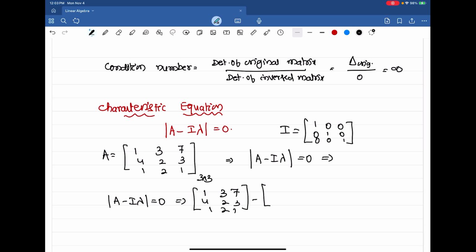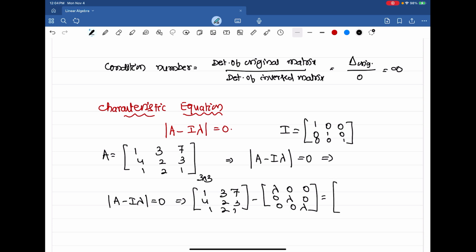When I multiply a matrix with a scalar quantity, as I told you in lecture 1 itself, it will be multiplied wholly. Lambda 0, 0, 0 lambda 0, 0, 0 lambda. When you subtract one matrix from another, the corresponding elements will be subtracted.